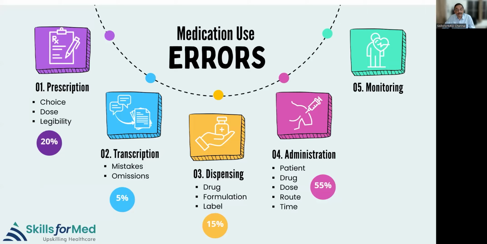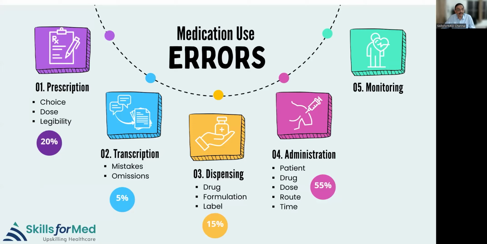And as you can see, more than 50% of medication errors occur at this stage. That is why in this webinar, I am focusing on this step alone. The 10 steps I am going to enumerate are to reduce or even eliminate the medication errors in this step of medication administration.